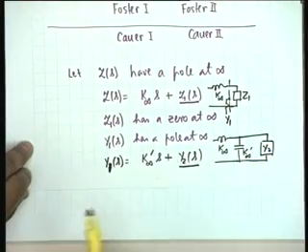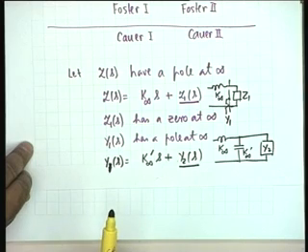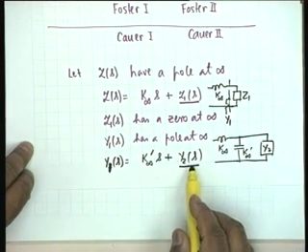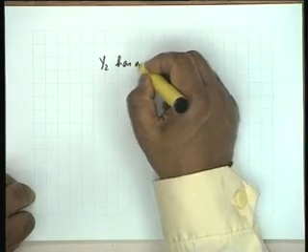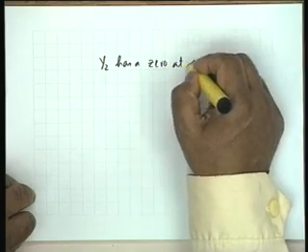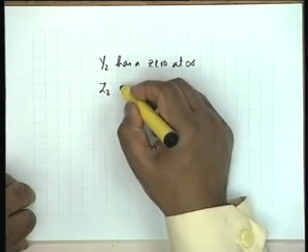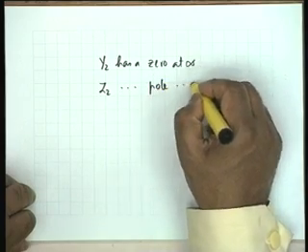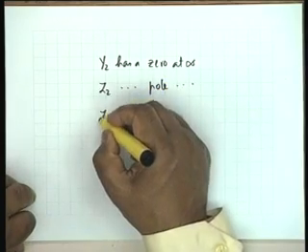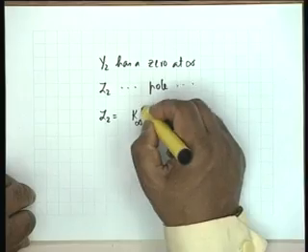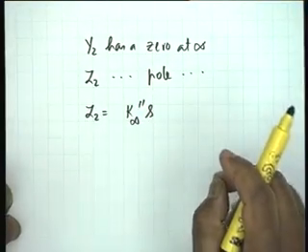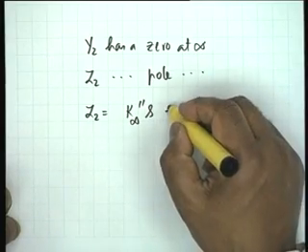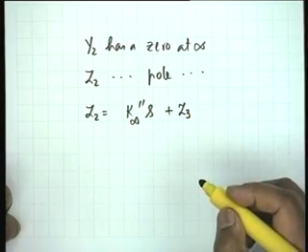Now, what does Y2 have at infinity? 0. The pole has been removed, therefore Y2 must have a 0. In other words, if Y2 has a 0 at infinity, then its reciprocal Z2 has a pole at infinity, and therefore Z2 can be written as k infinity double prime S, where k infinity double prime is the residue of Z2 at S equal to infinity, plus some impedance Z3.